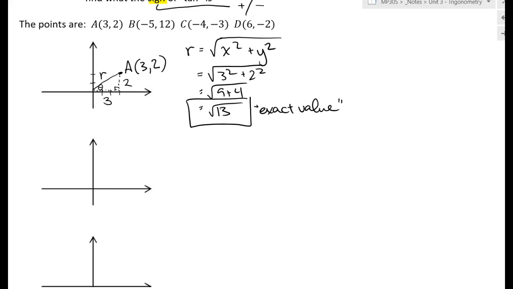That means that we cannot represent it with a terminating decimal, a decimal that ends at some point. We also can't represent it with a fraction. So we're stuck with this never-ending decimal that doesn't repeat. So instead of rounding it off, we're going to leave it in exact value form, the square root of 13, without punching it into our calculator. So exact value means leaving it in radical form in this case.